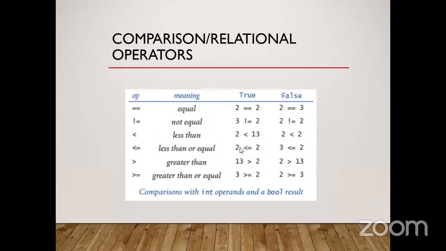So here's some common operators that you're going to use. Double equal sign is going to compare to see if they're equal to each other. If you use a single one, it's assigning a value to a variable. Not equal to has an exclamation point. The exclamation point means not.